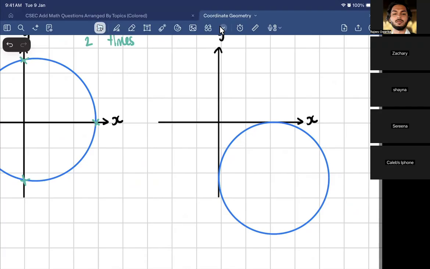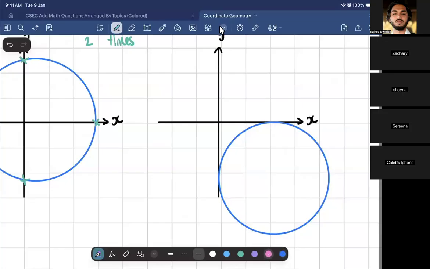Somebody tell me, in this example, how many x-intercepts do you have? 2, sir. 2? I ain't seeing 2. The circle cuts the x-axis here. Where else is it cutting the x-axis? 1, sir. If you could show me where else that circle cuts the x-axis, I'll give you $1,000. Right? How many y-intercepts do we have?